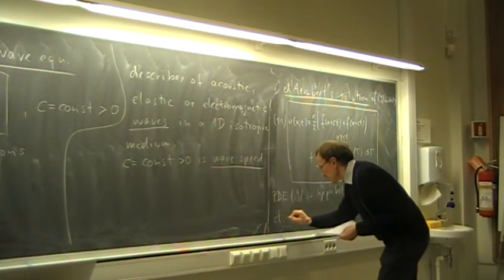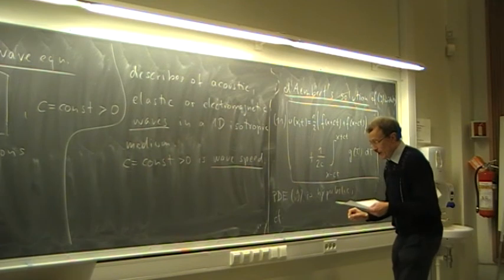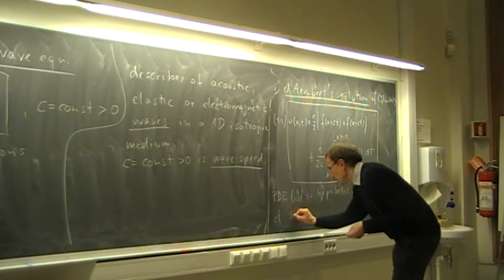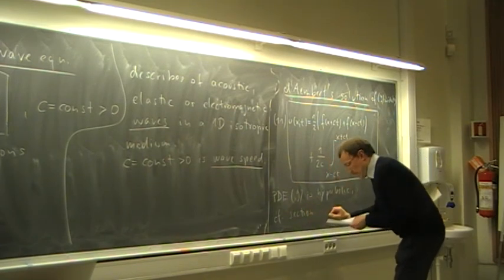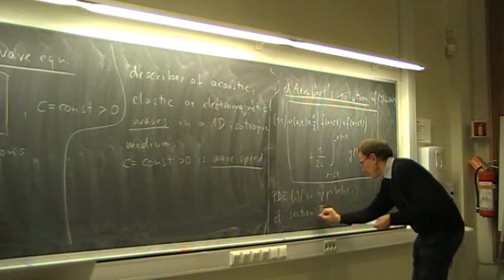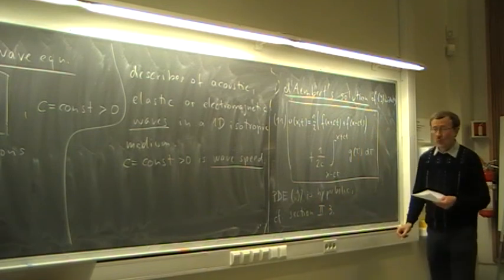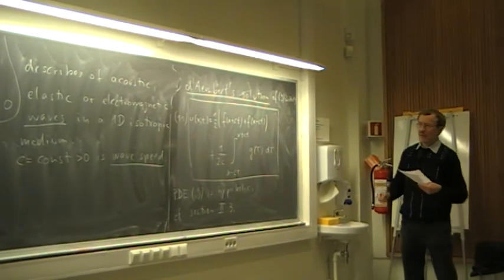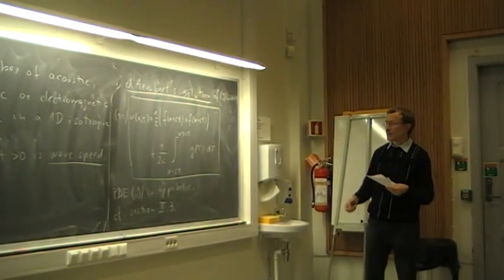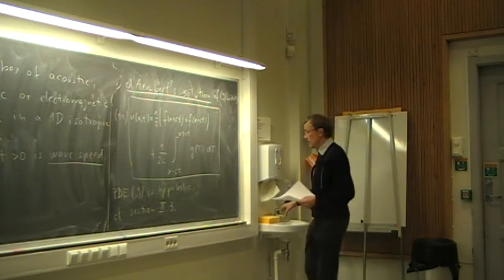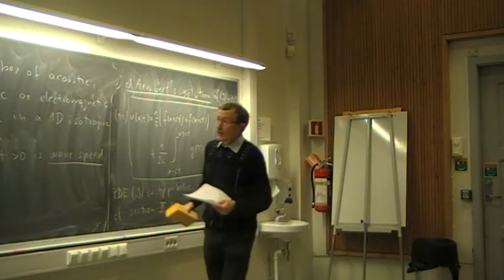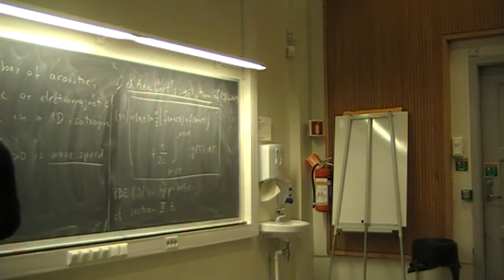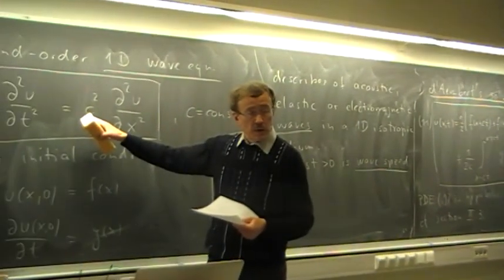You can do that by using the classification that we had done in section 2.3, just identifying t as x and x as y in that case. And then we get characteristics from that, which are given by plus and minus the wave speed.